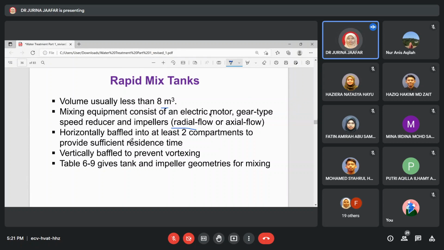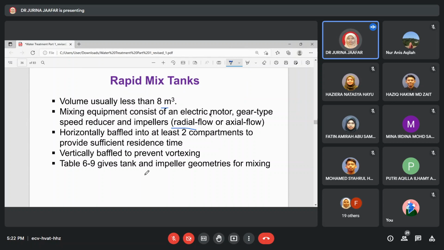And the rapid mix, sometimes they have a buffer compartment into 2 compartment. So dia ada separate area. So kita kata sebagai at least 2 compartment and sufficient with the resident time of operation. So ada masa yang bersesuaian untuk pastikan bahawa ianya berlaku to form a bigger flock.